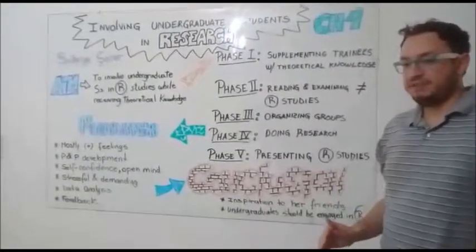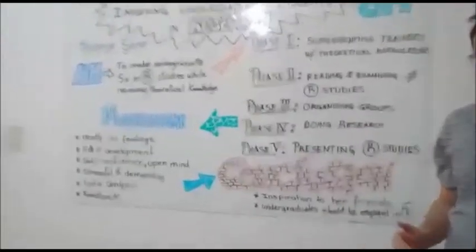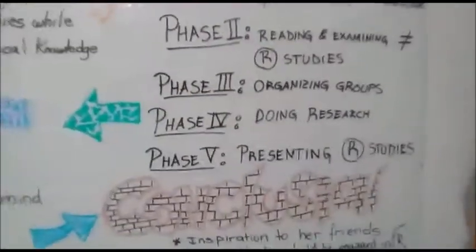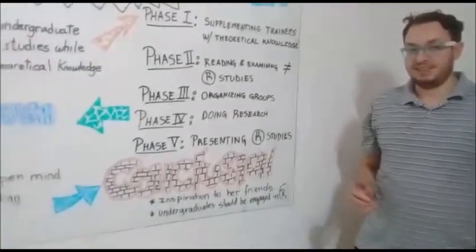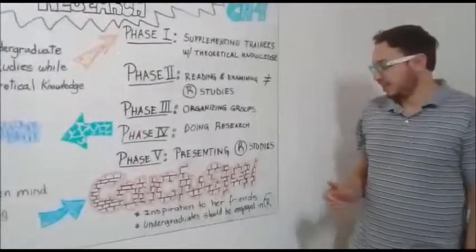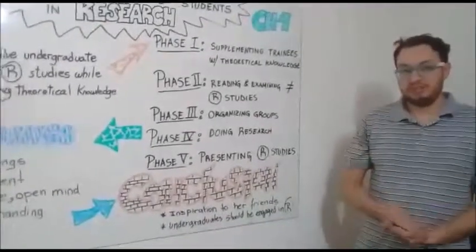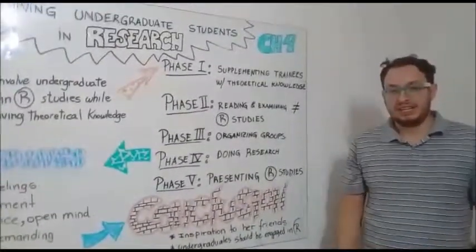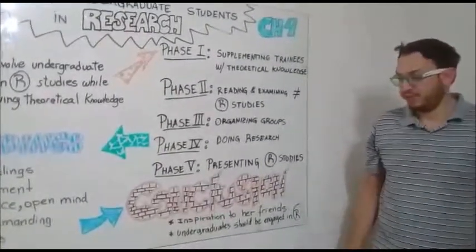Then in phase 5, the groups were given 15 minutes each to present their research, and most of the topics were about English language teaching issues.